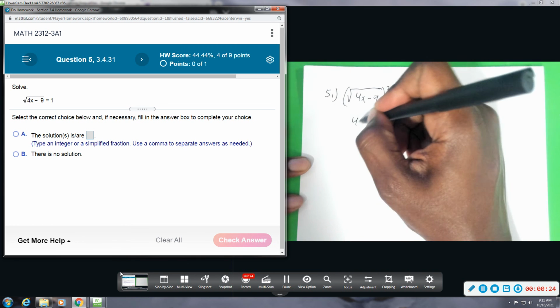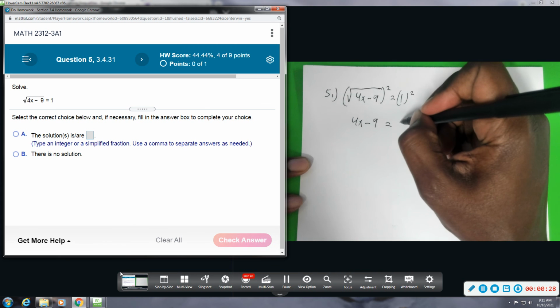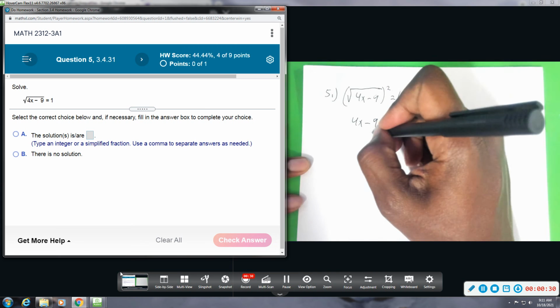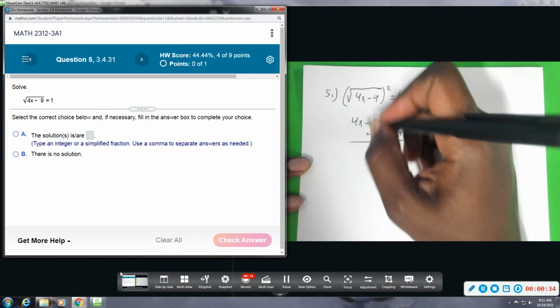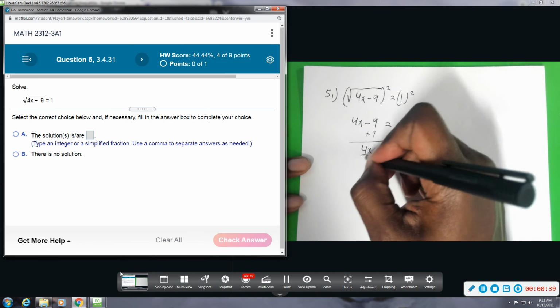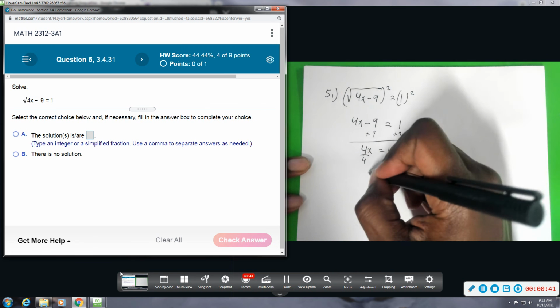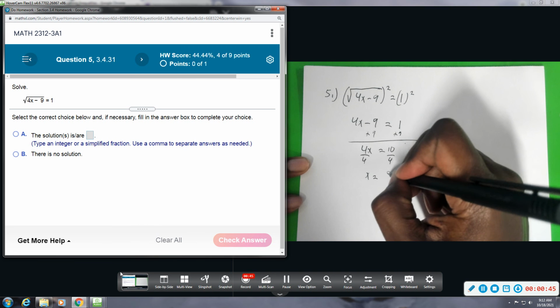It's going to give us 4x minus 9 equals 1. We're going to add 9 and then divide by 4. Reduce, this will give us 5 over 2.